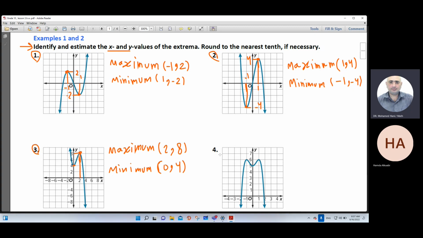For number 4, as you see, we have 2 maximum points, here and here. As you see here, -1 and 6.